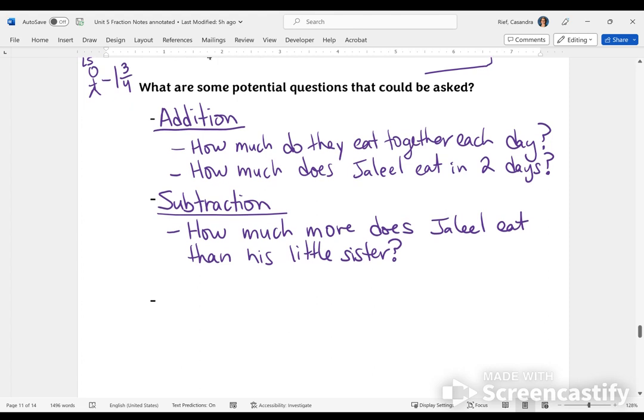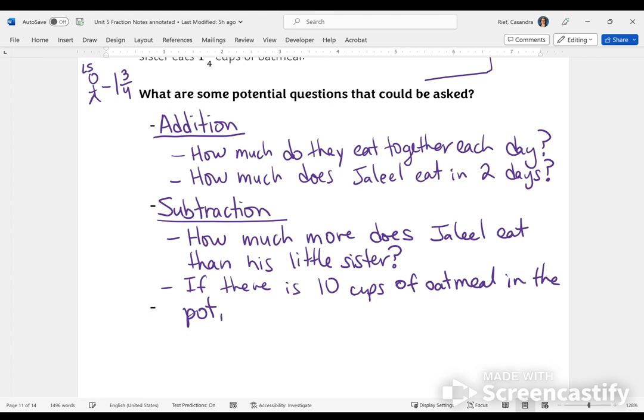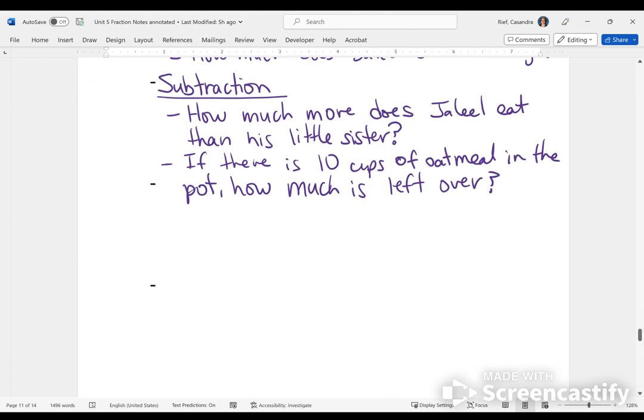Or maybe I could be asked a question like, if there were 10 cups of oatmeal in the pot, how much would be left over? These questions would require that I subtract.